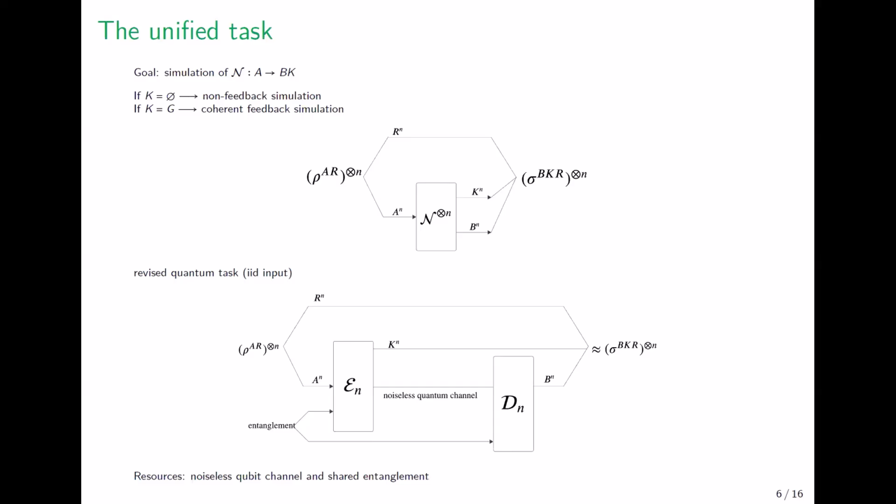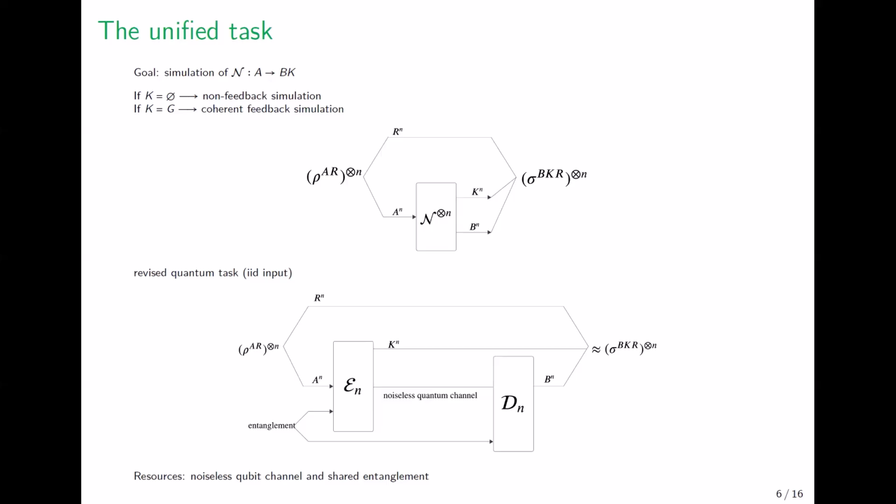As I explained, in the non-feedback case of the quantum reverse Shannon theorem, this K is just a trivial system, and in the feedback case, this K system is the whole environment. So when we say that we want to keep an arbitrary system K here, we get to determine which system we want to preserve. It could be anything. So this is just the general notion.